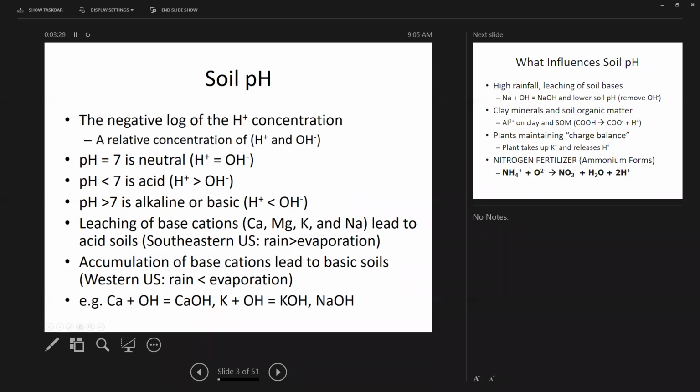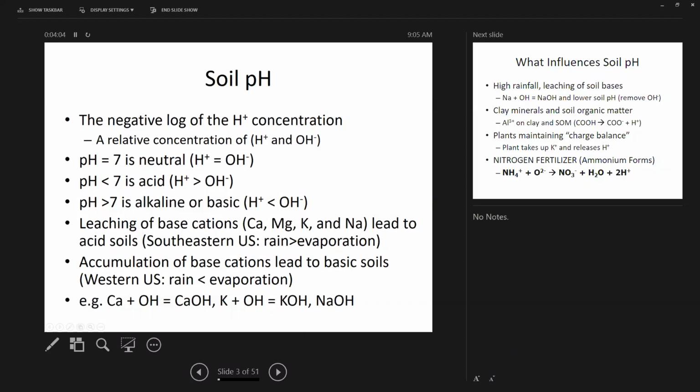So we see down here at the bottom, hopefully my pointer's showing up, I have a calcium and then a hydroxyl. It forms calcium hydroxide, and then that's leached. So we don't really leach the acid or the base by itself, but rather with a base cation. In the southeastern US, we get more rain than evaporation, so we're leaching this hydroxyl, which is leaving acid or a hydrogen present, so it reduces our pH.